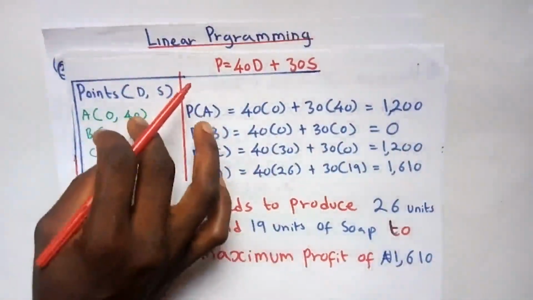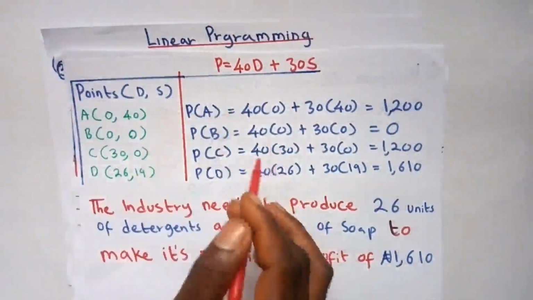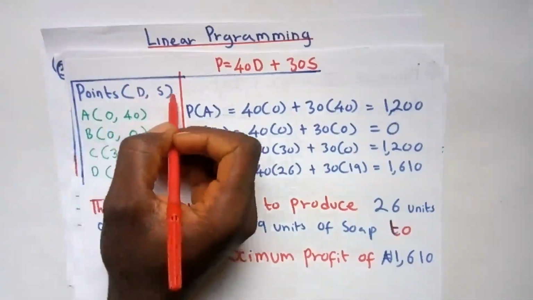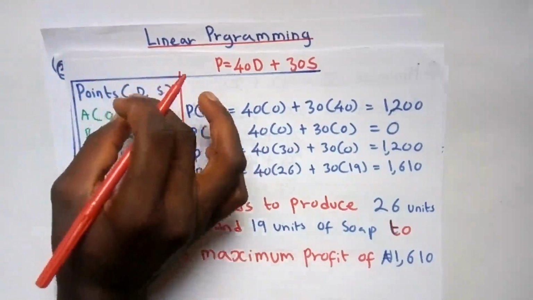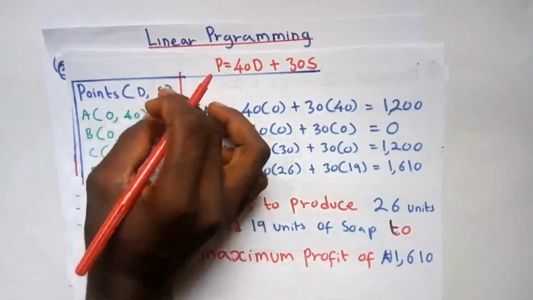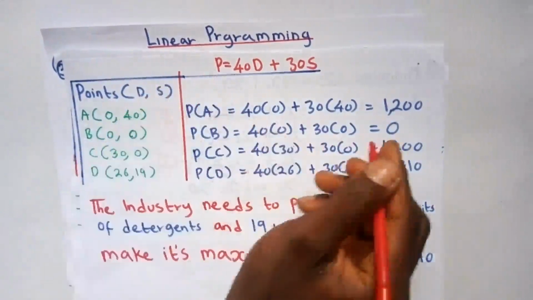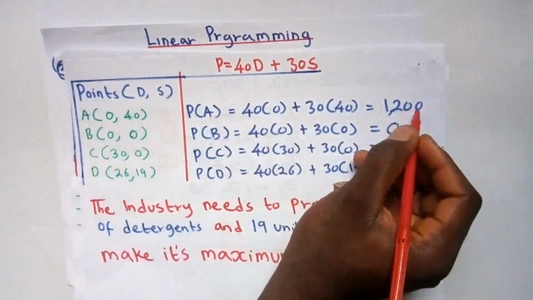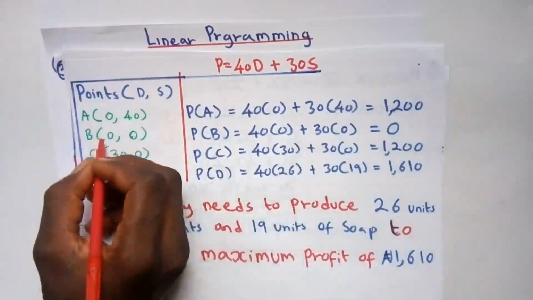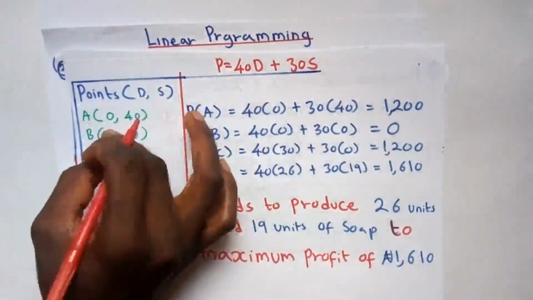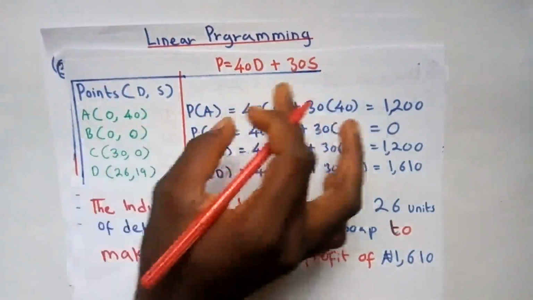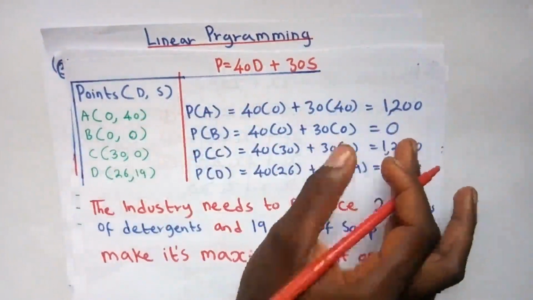At point A, the company did not produce any detergent. They produced 40 soaps and made a profit of 1,200 naira. At point B, the company did not produce any detergent and did not produce any soap, so they did not make any profit.